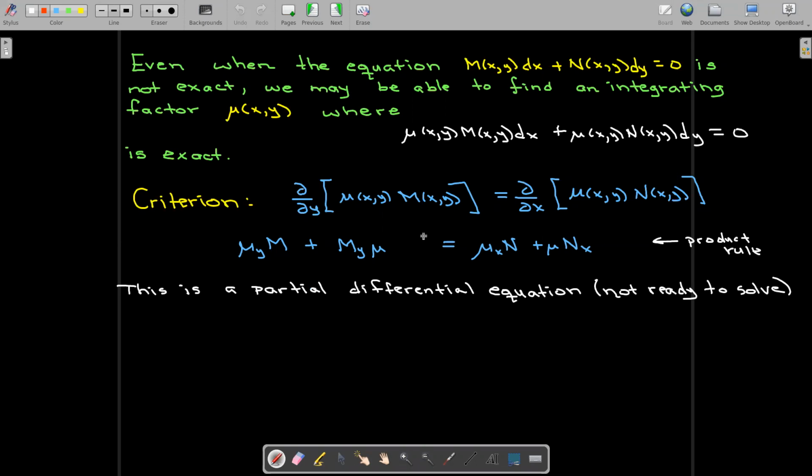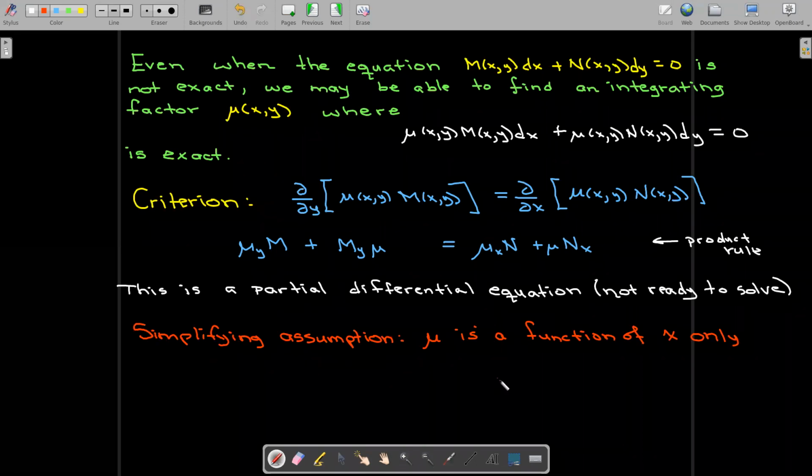So what we're going to do is make a simplifying assumption. One possible simplifying assumption would be that our function mu is a function of x only, or it could be a constant. In which case, mu doesn't change with y. There's no y in its formula.